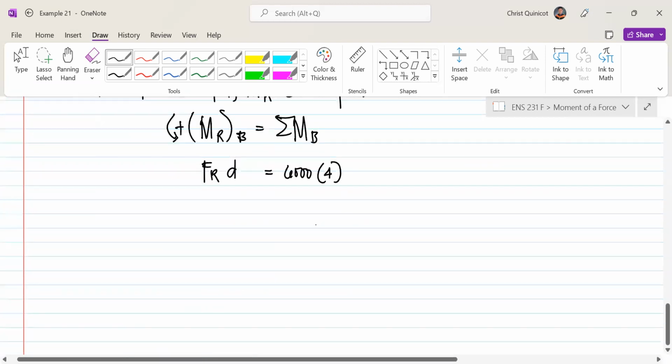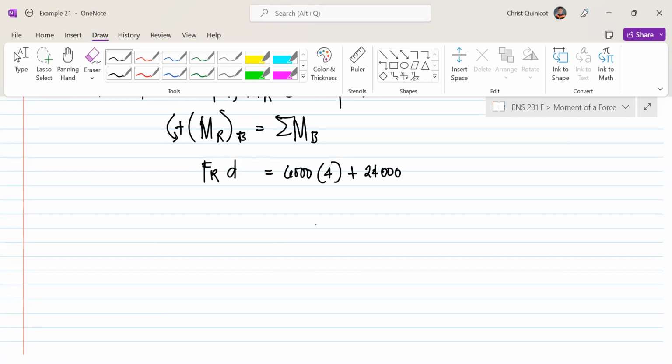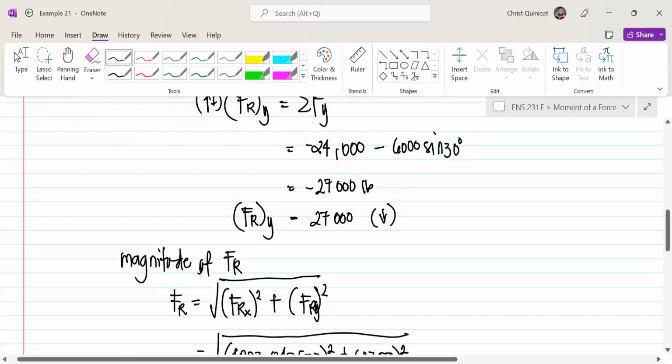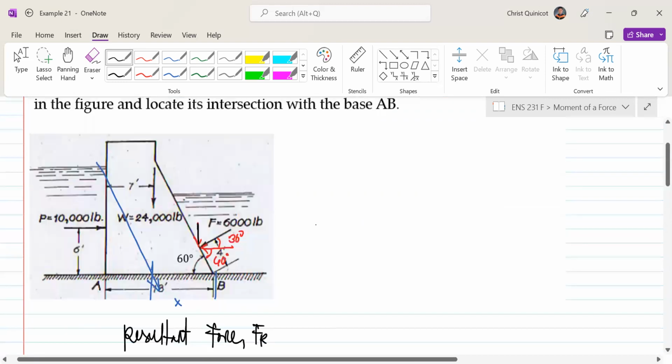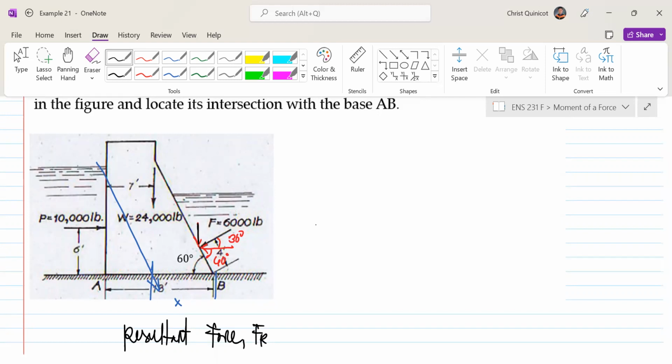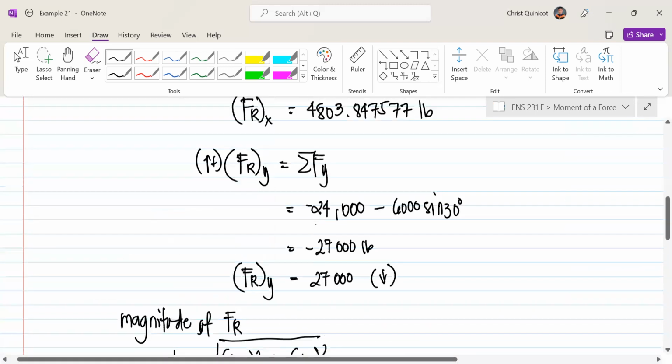The distance from A to our 24,000 is 7 feet, and the distance from A to B is 18 feet, so we subtract 7 from 18 and the perpendicular distance is 11 feet.